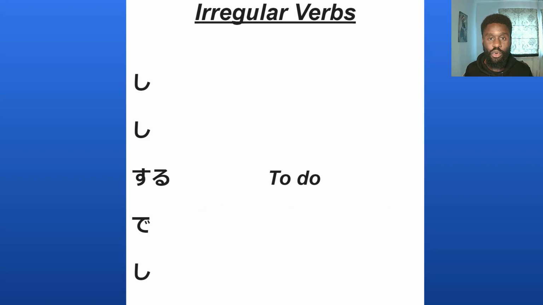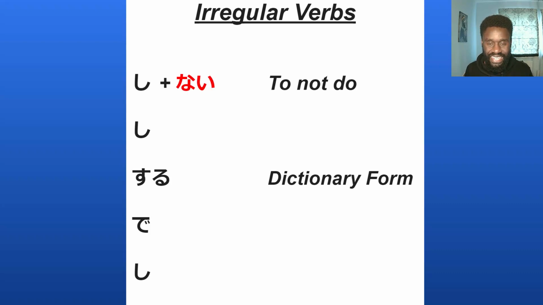Finally, for irregular verbs, we have the verb suru, which is to do. The dictionary form of this verb, suru, becomes shinai, which is to not do.